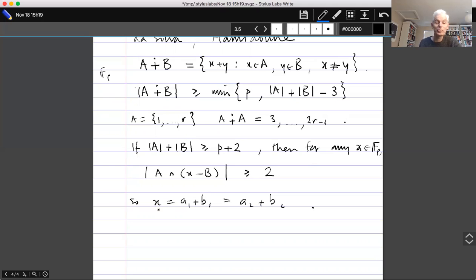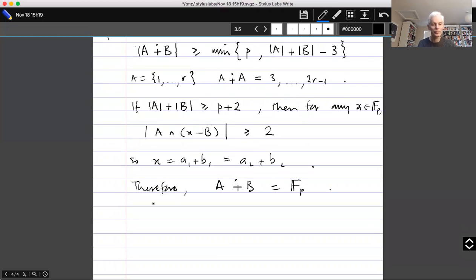So it must be possible to write x as a sum of distinct elements, one from A and one from B. And so in this particular case, we get that the restricted sumset is the whole of F_p, and therefore we have this p here.